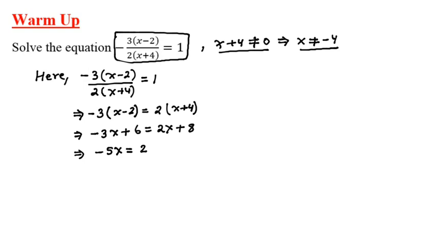Now to find x by itself, we divide on both sides by -5, and we get x equal to -2/5. And -2/5 is not in the restriction. So the given equation has a solution. That is, x is equal to -2/5.